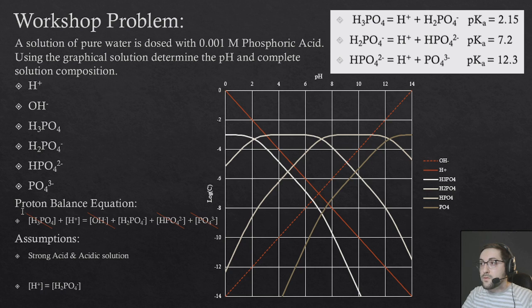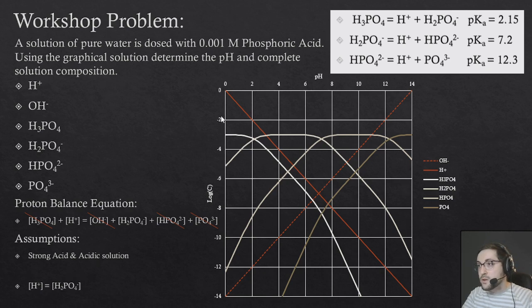So the phosphoric acid itself is going to be negligible for this. And then because, again, this is an acidic solution, we're going to cross off these two over here, the phosphate and the monohydrogen phosphate. So those should be negligible too. And then we're just left with the hydrogen ion and the H2PO4 minus.